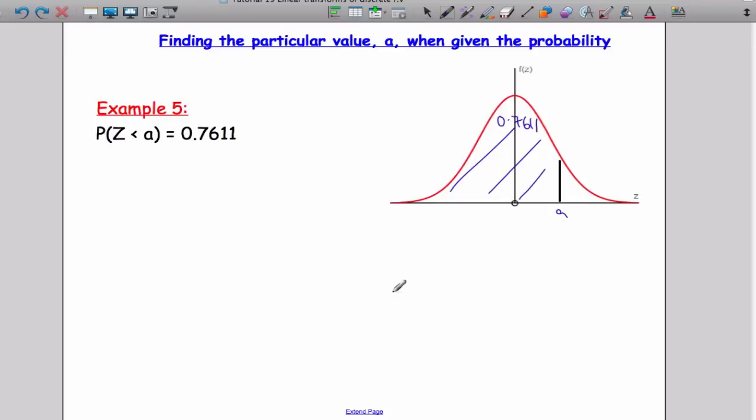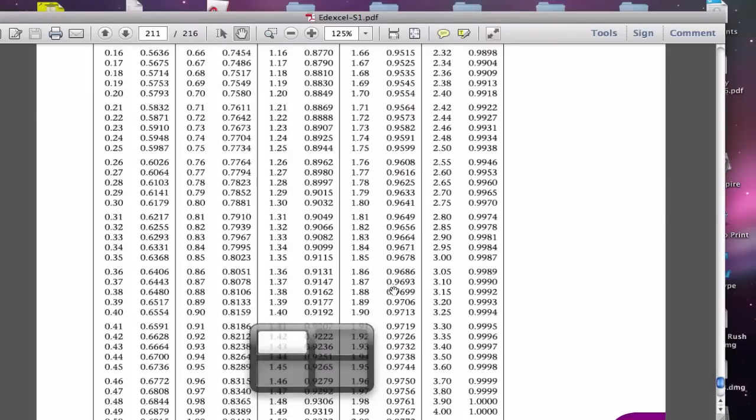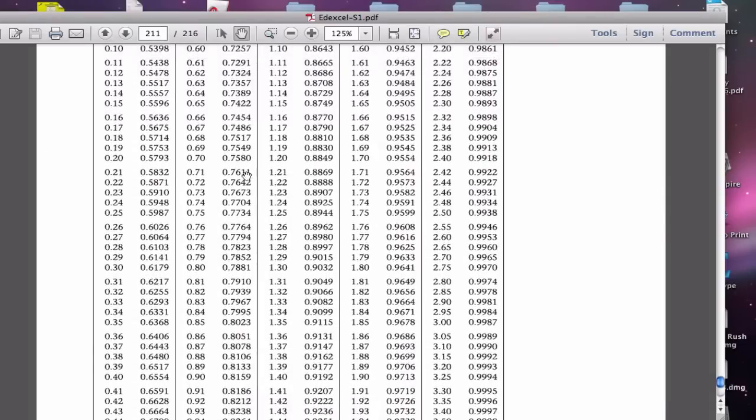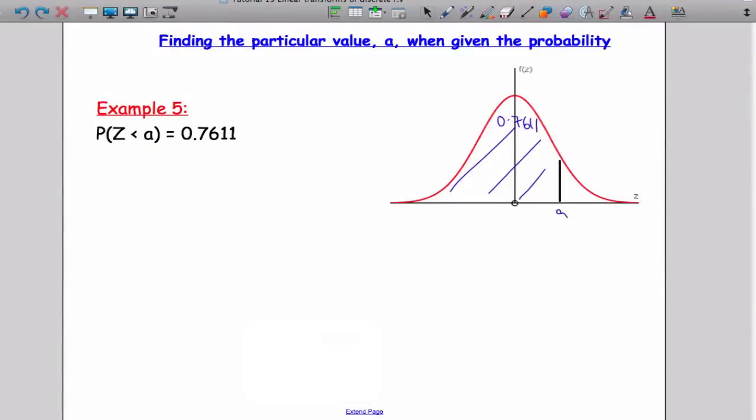So I'm going to go to my table and look for 0.7611. And if we see it here, 0.7611 has a value of 0.71. So A must be 0.71. The probability that Z is less than 0.71 equals 0.7611.